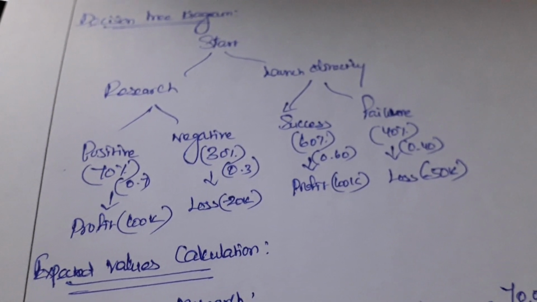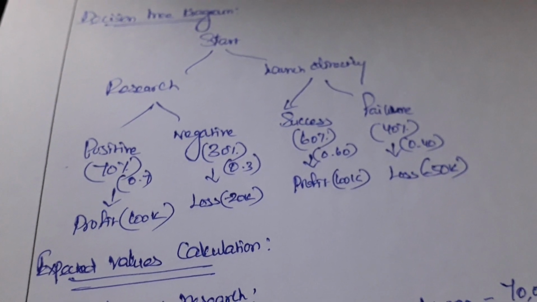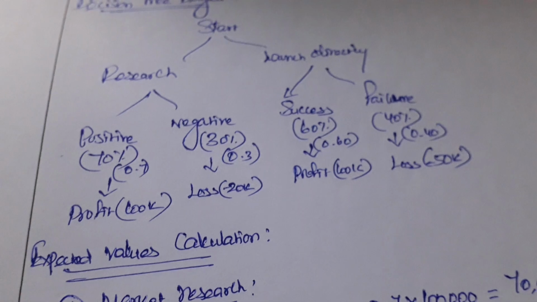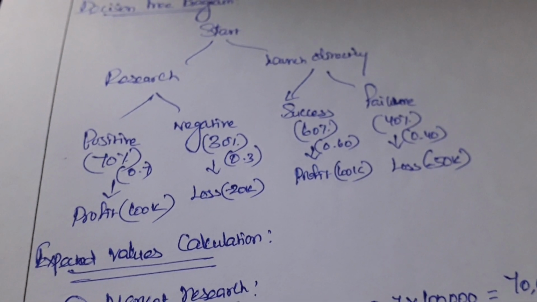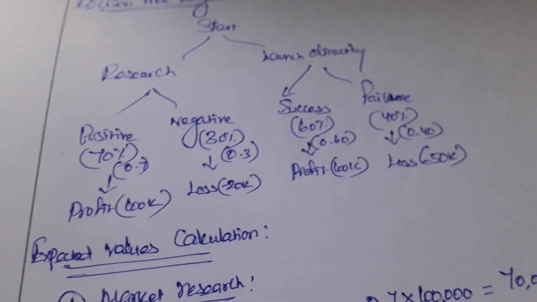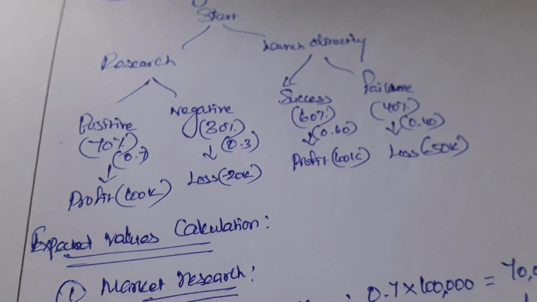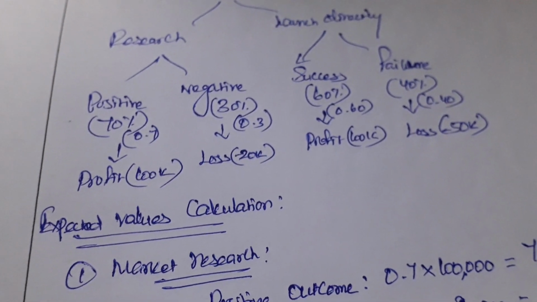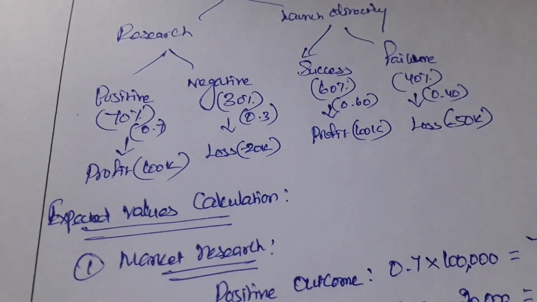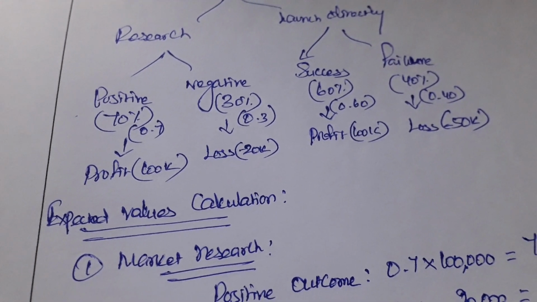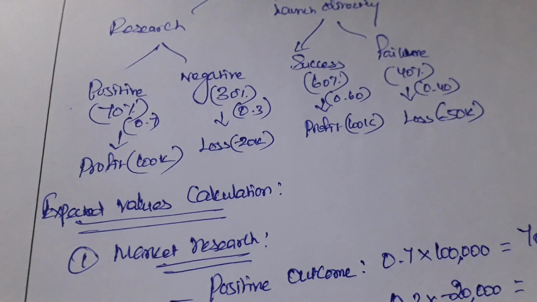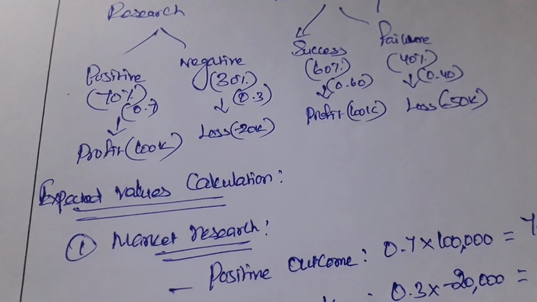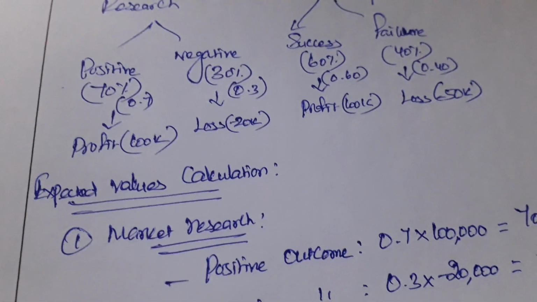Research has two circumstances, positive and negative, and launching the product directly has two scenarios, success and failure. So positive probability is 70%, negative probability 30%, successful probability 60%, and we can denote these as 0.7, 0.3, and so forth.